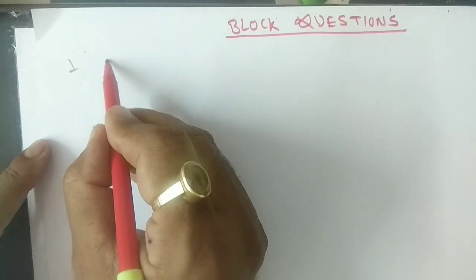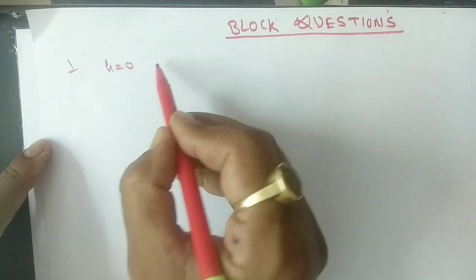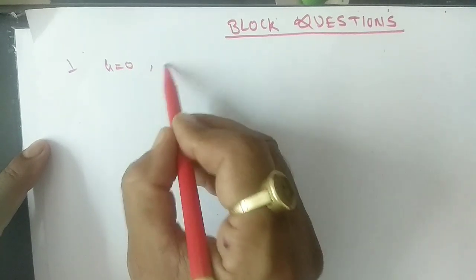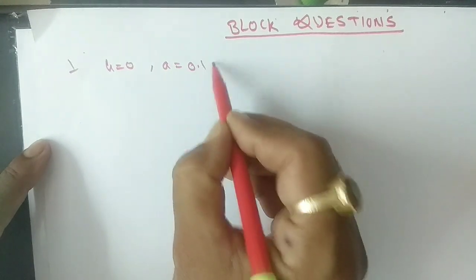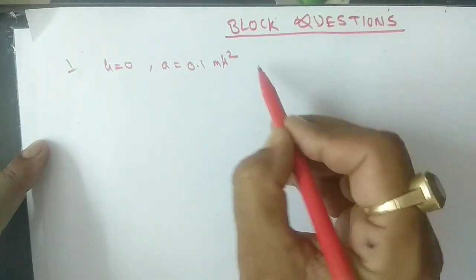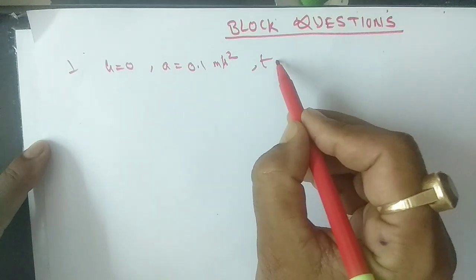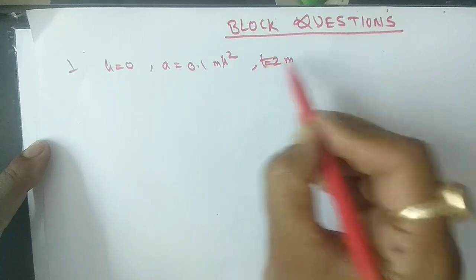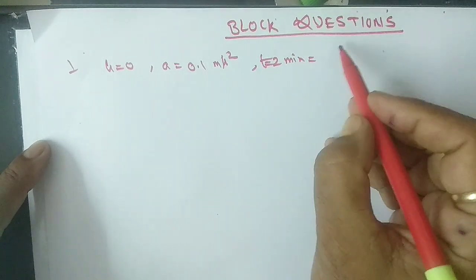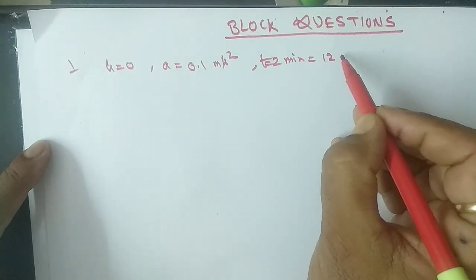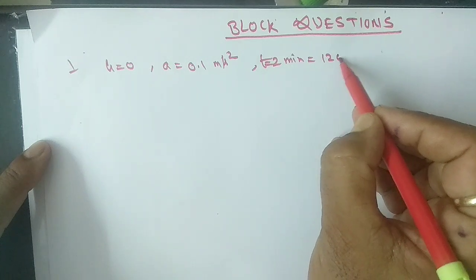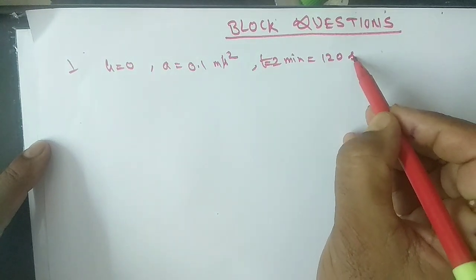Initial velocity is given as 0. It starts from rest. Acceleration is given as 0.1 meter per second square, and time is given as 2 minutes. 2 minutes means 2 times 60, since 1 minute is 60 seconds, so it is 120 seconds.